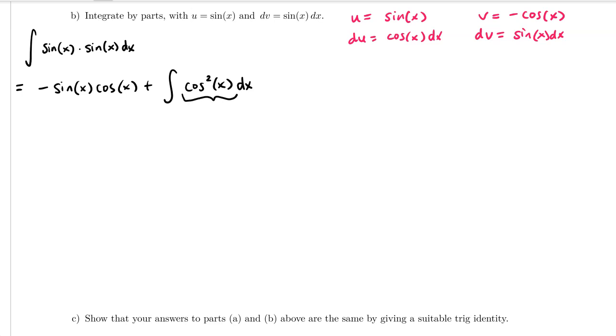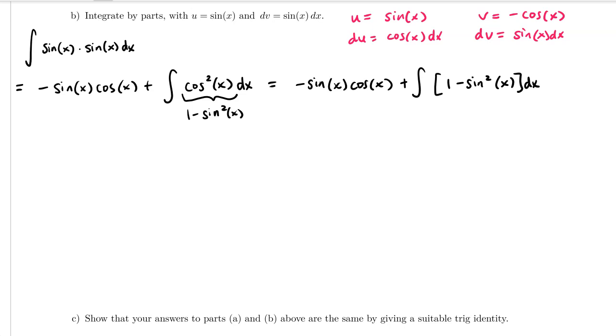So I know that this is the same thing as 1 minus sine squared x. And from here, I can break this up into two separate integrals.